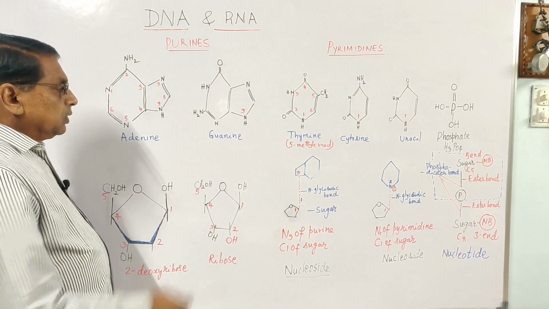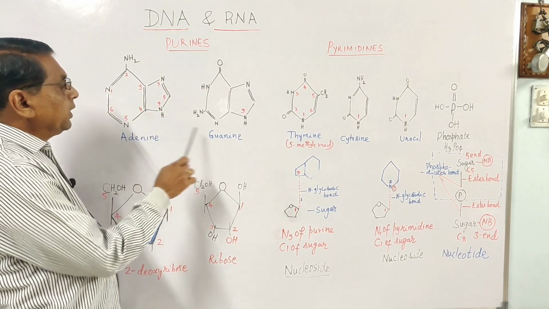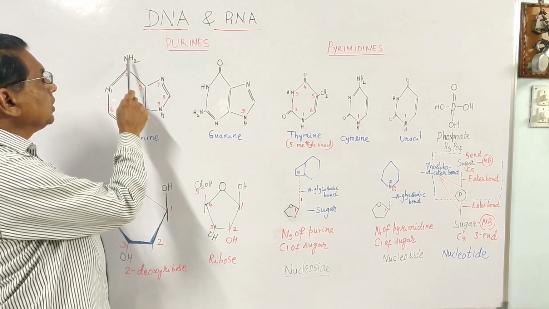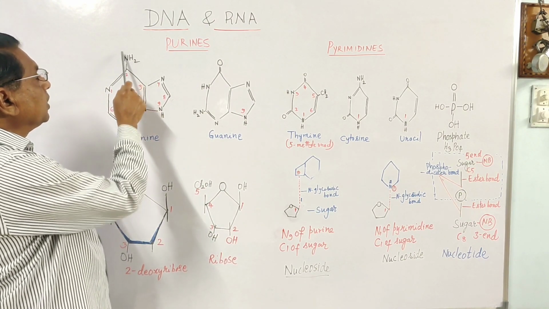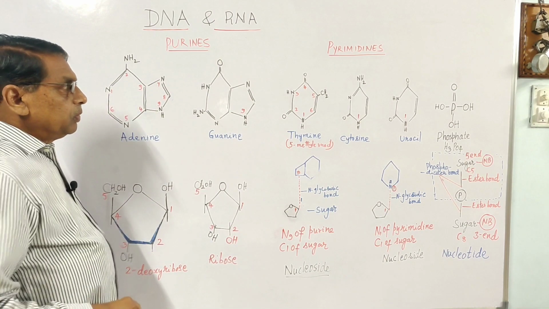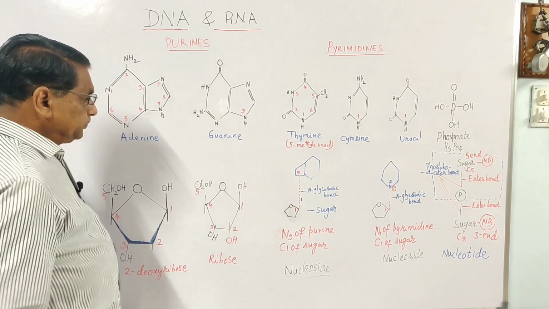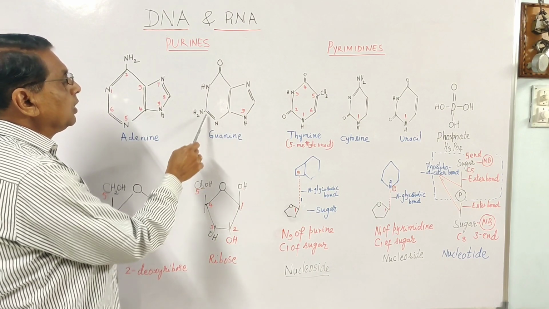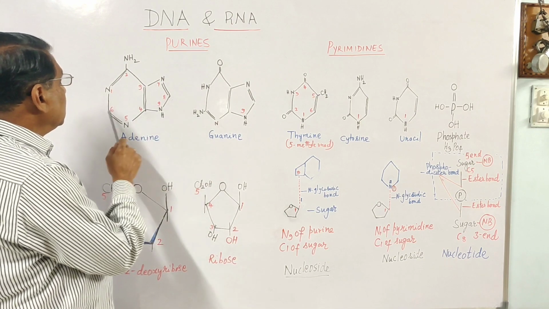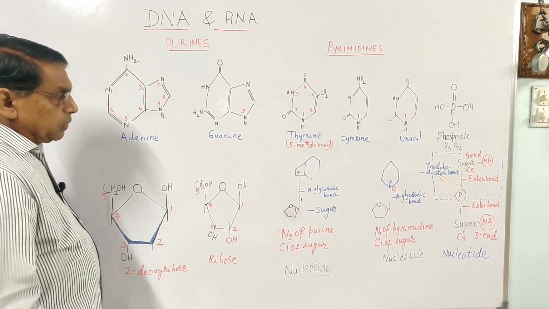The difference between adenine and guanine is here, you see. In adenine, at the sixth position, there is an amino group. In guanine, at the sixth position, there is oxygen, but there is no such amino group.